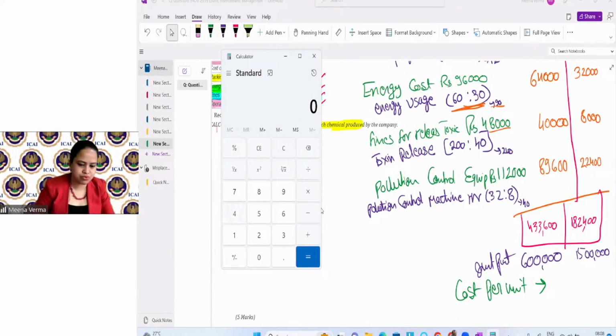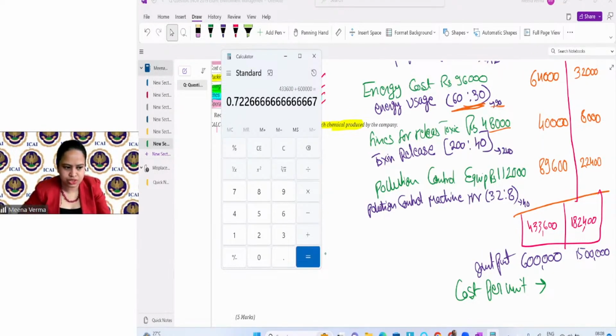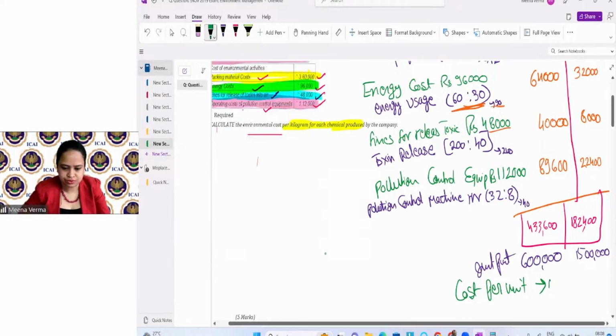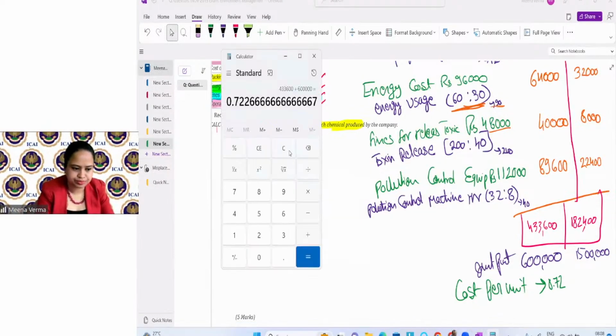So this is 4,336,000 divided by 6 lakh, which is 0.72. And let's see for this, 1,824,000 divided by 15 lakh.